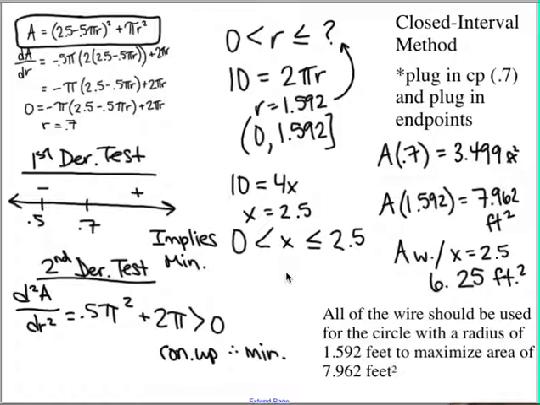So with these optimization problems, when you have possibly two shapes or one variable dependent on another, you can't just assume that the critical point is going to be your absolute max or absolute min. It's possible that this could have been a local maximum but not the absolute maximum.